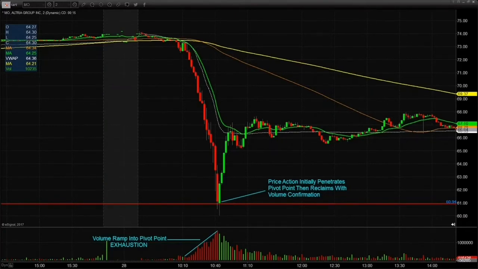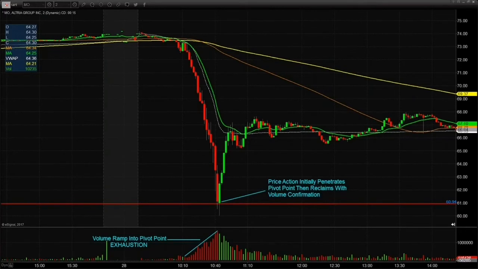Remember what I talked about in the beginning: you want to see the volume supporting the move, and volume supporting the move is an increase into the move. If you have volume increasing into the move, then you're likely to see a move with some significant magnitude to it. And as long as that volume keeps pouring in, that stock is likely to keep going.